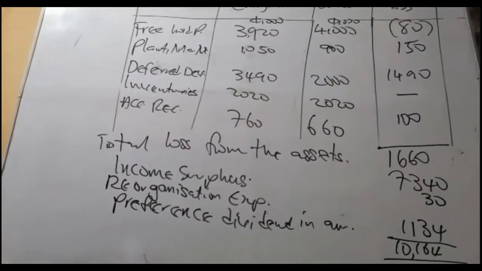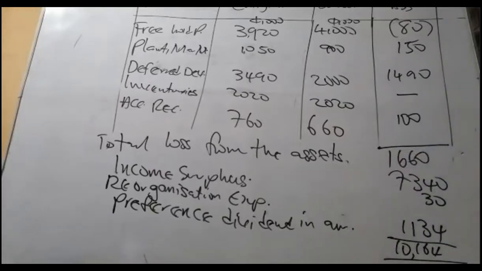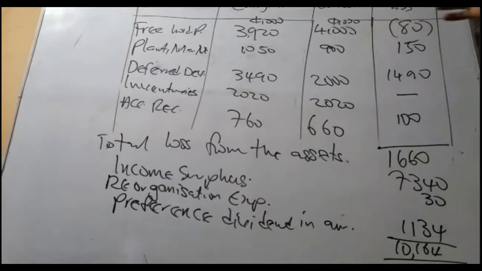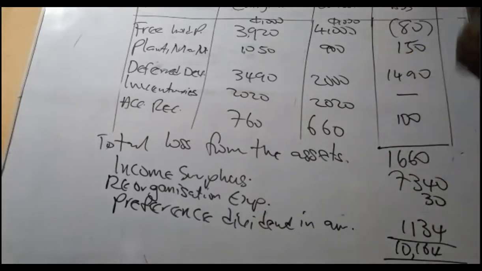We have 10,176. Good. So 10,176, which is more than the loss per the reconstruction. So hence, they should go ahead with what? The reconstruction. If the examiner asks you to design a scheme, you don't care whether the loss per reconstruction is cheaper or not. You have to design a scheme for them.